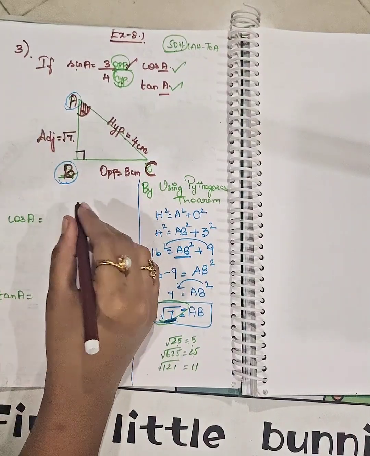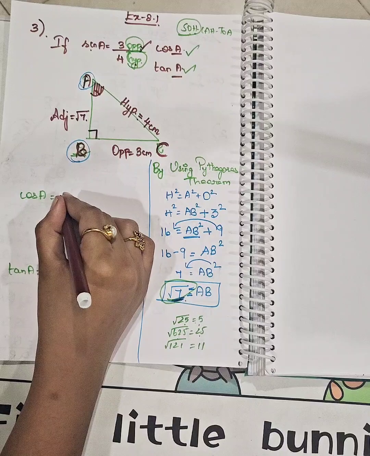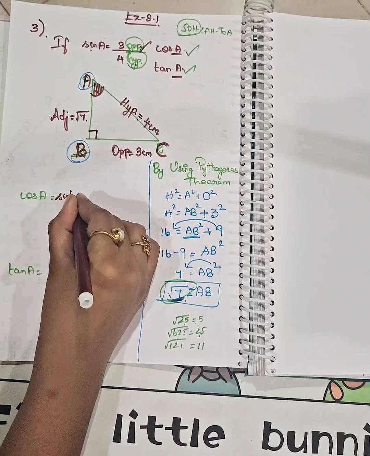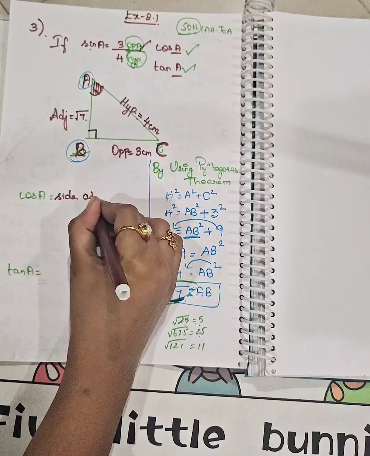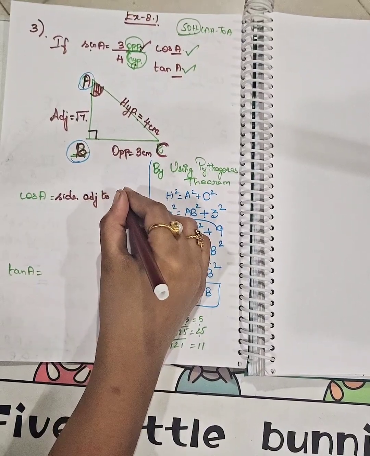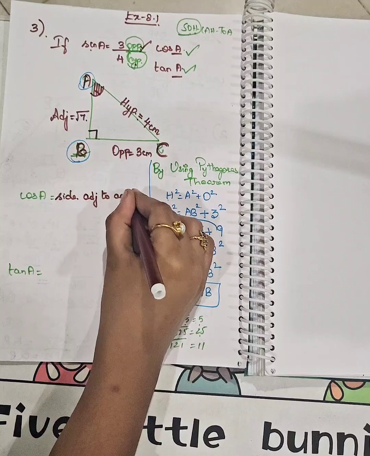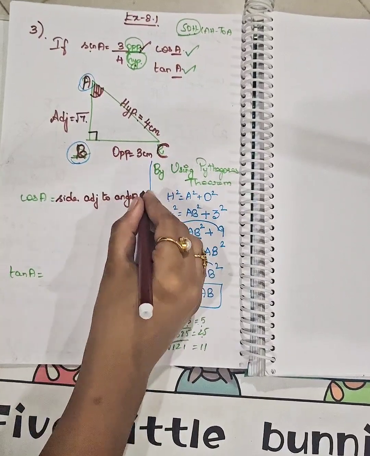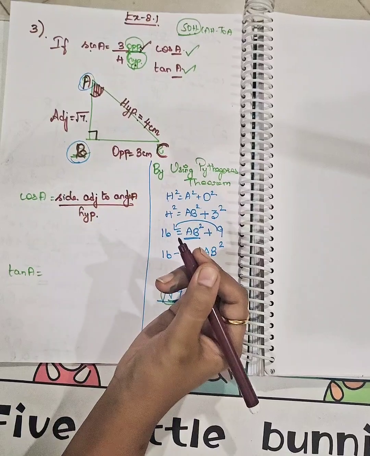Cos. So, the side adjacent to angle A divided by hypotenuse.